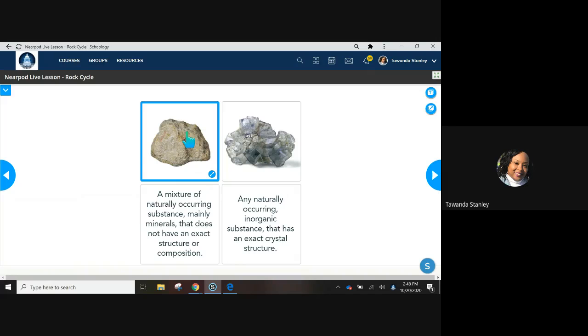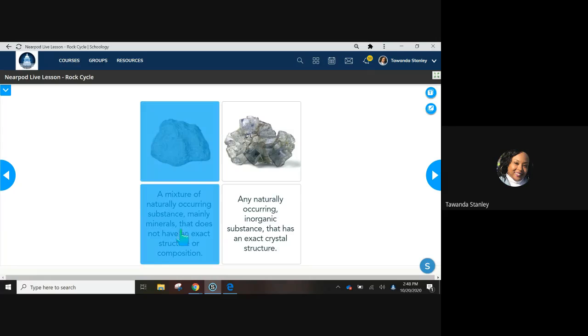Because a rock is a mixture of naturally occurring substances, mainly minerals, that does not have an exact structure or composition, these two are going to go together. They're not the same exact size. Whereas with this mineral, it looks like crystals. All of the pieces look like they're square. So this picture is going to match this definition.